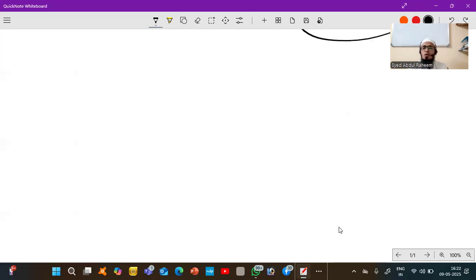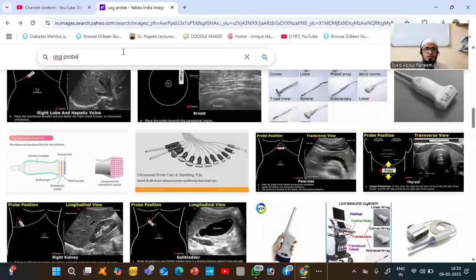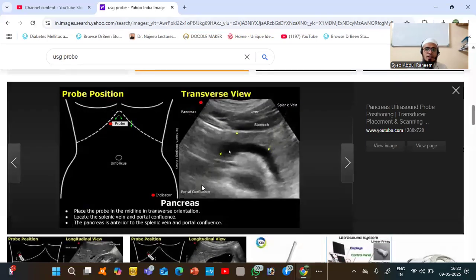Next, we have different terminology in ultrasonography. When you see the image, you will get some paper like this. I think all of you have seen this with ultrasonography, along with a digital picture.